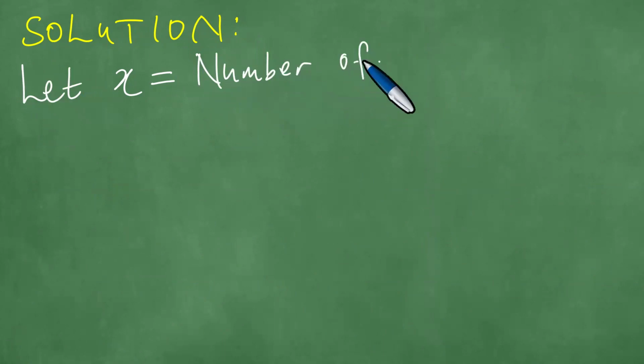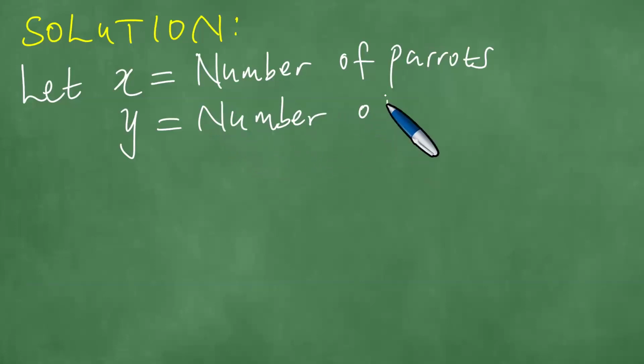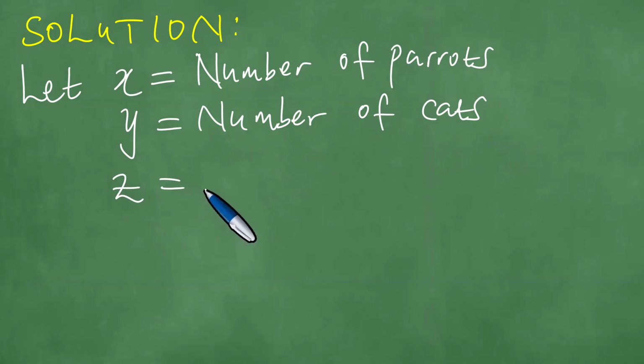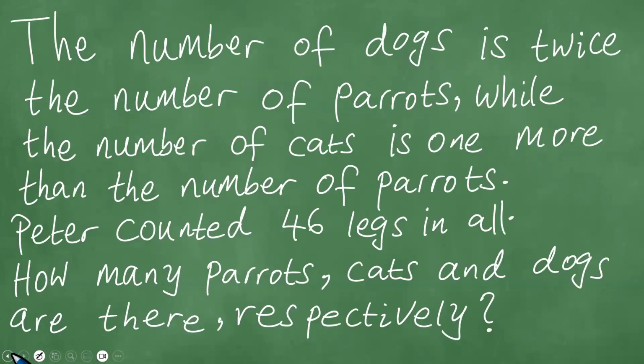The number of parrots. y simultaneously becomes the number of cats. z becomes the number of dogs, like so.